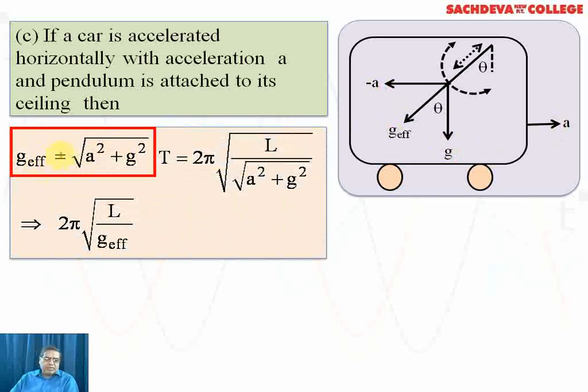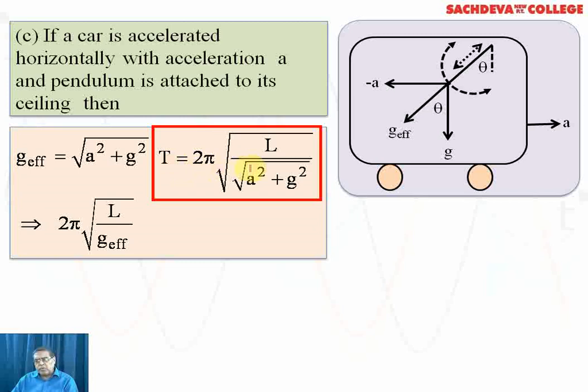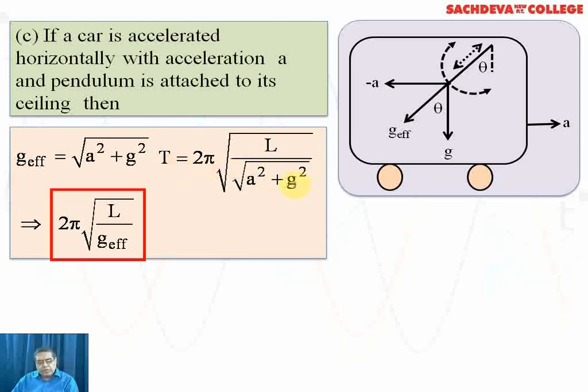So g effective will be under root a square plus g square by using the Pythagoras theorem and completing the figure. So T will be equal to 2 pi under root L over g effective, where g effective is under root a square plus g square. So instead of 2 pi under root L by g, g can be replaced by under root a square plus g square.